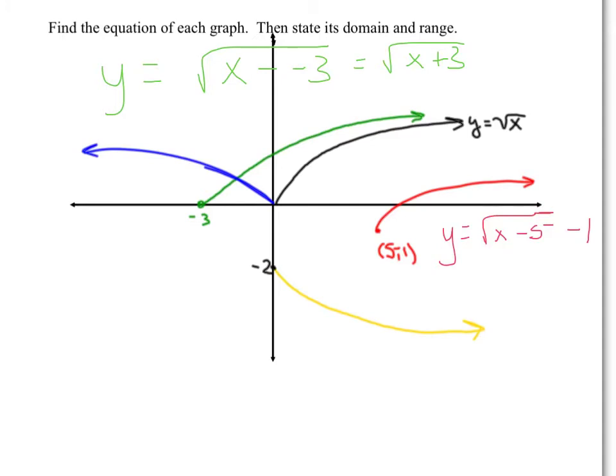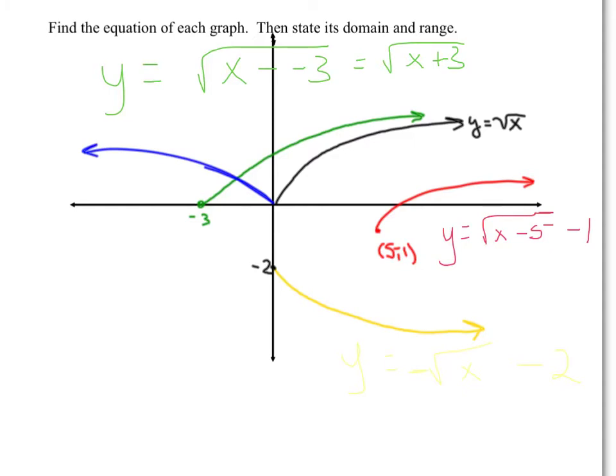Okay, so now let's look at the yellow one. See if I can find some yellow ink here. Okay, so the yellow one, we have y equals, we had a shift in the y, so we want to stick that minus 2 down here. We also have a square root of x, no horizontal shift, it stayed right where it was supposed to be, so this is just this x in there. But we need to show that this is now going down rather than going up, so we want to do a negative in front of that.